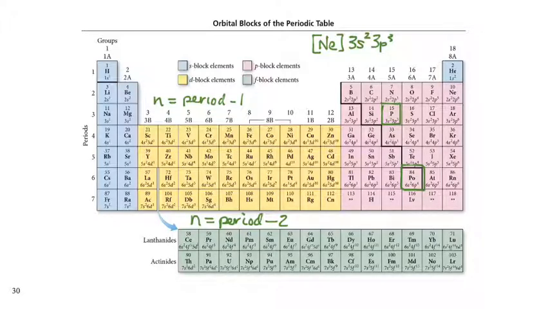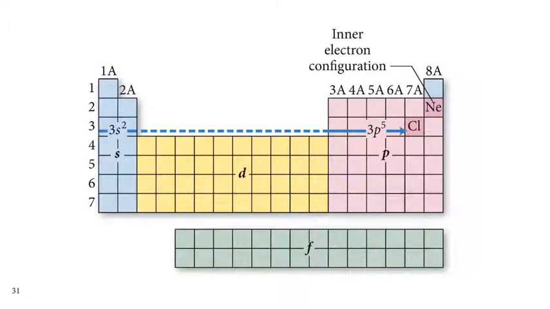Any questions? So if we were doing chlorine, we can represent the inner electron configuration, the core electrons, as a noble gas, and then just write what comes after the noble gas. So that would be 3s2, 3p5 for chlorine.